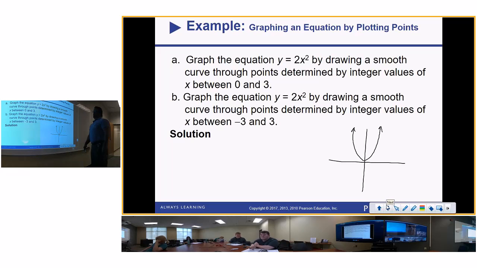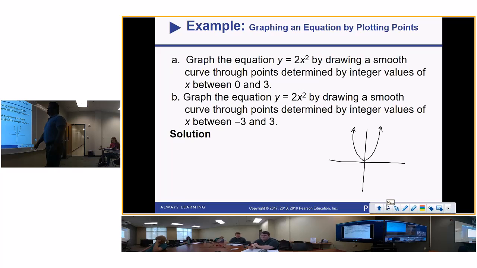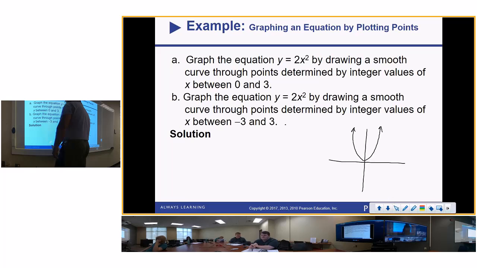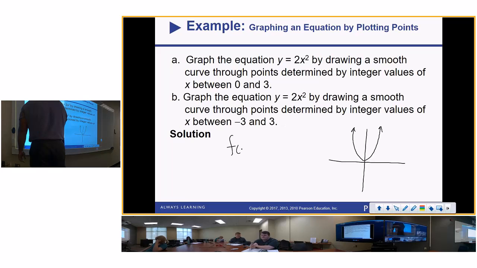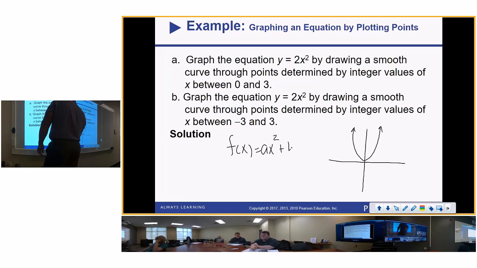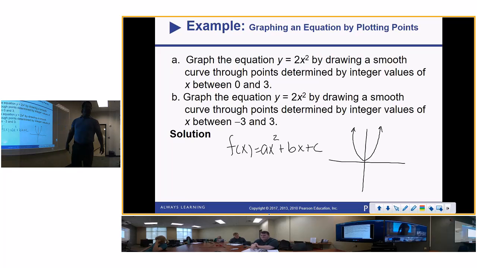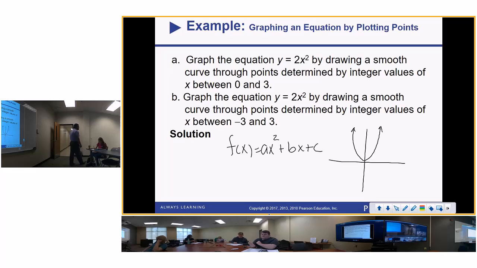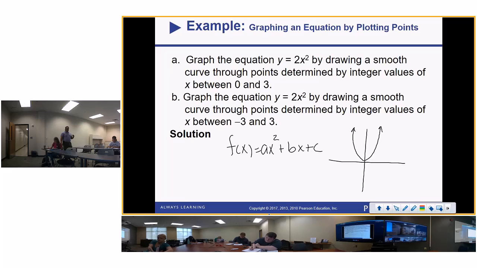That's the basic model. Now, when you have a 2, this is A. Remember, f of x is equal to ax squared plus bx plus c. Everybody write that down. That's the standard form of a quadratic. Somebody tell me what A tells us.